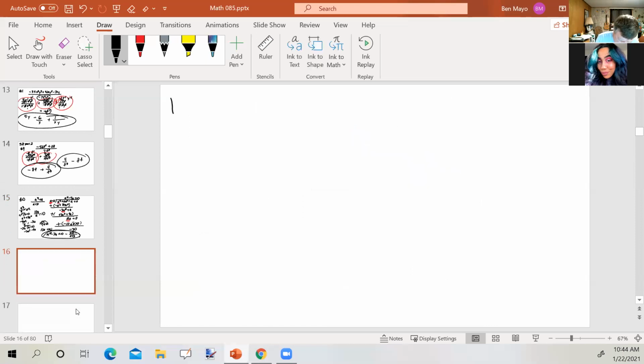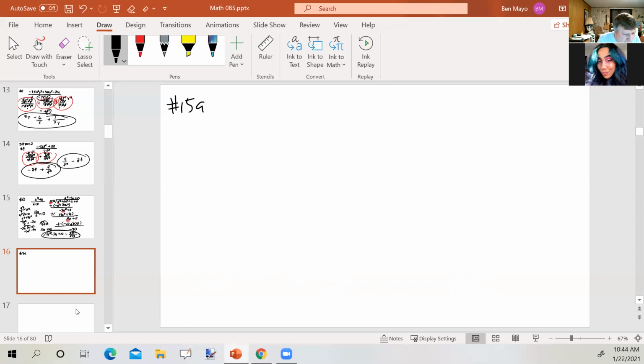All right, I've got one more here. This is number 15, part A. Again, we're still in section 5.8, part 2. It says perform the indicated operation.